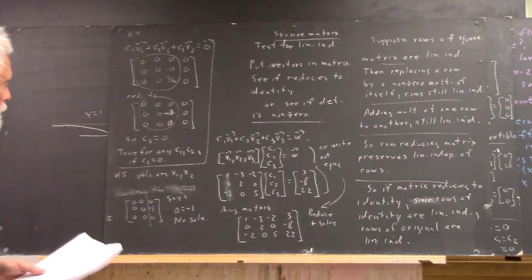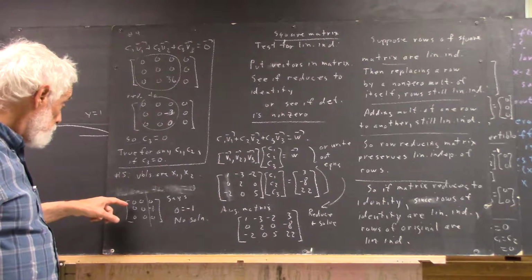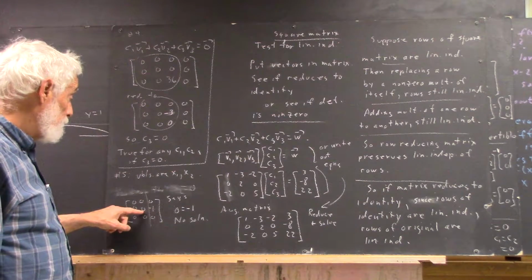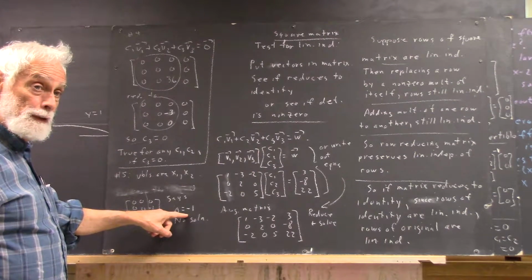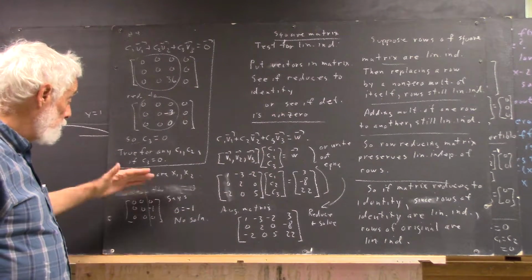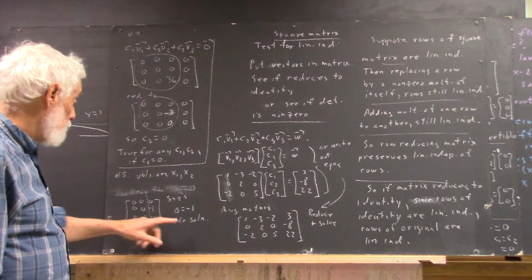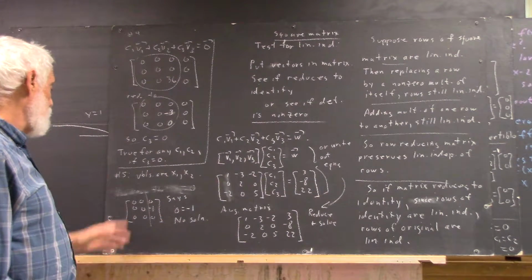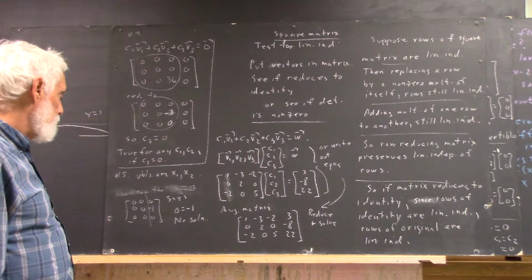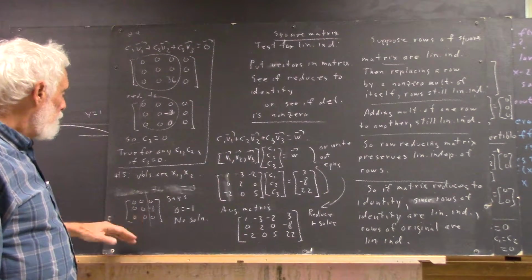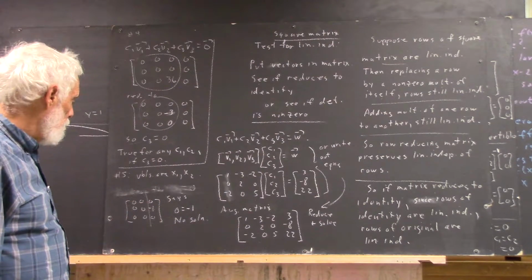In that case, this solution tells you in the second line that 0 equals -1, which indicates that there is no solution to whatever system reduced to this. Okay, no solution. It doesn't say anything about C1 and C2 except that it's not possible to have a solution to all three equations.